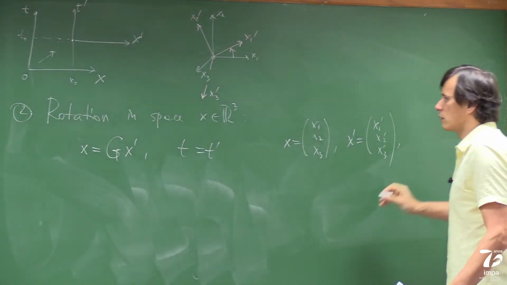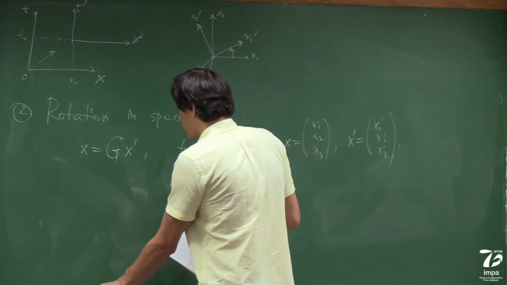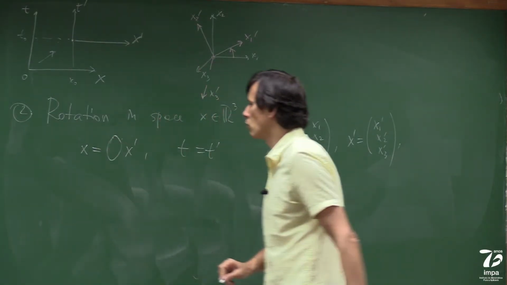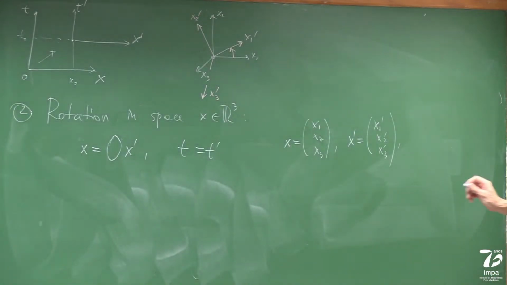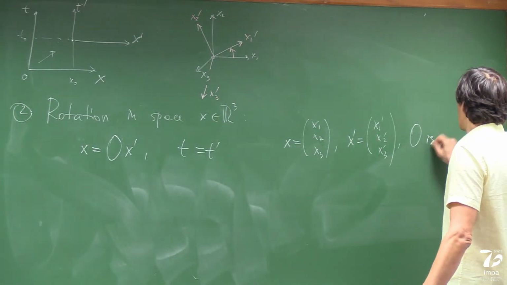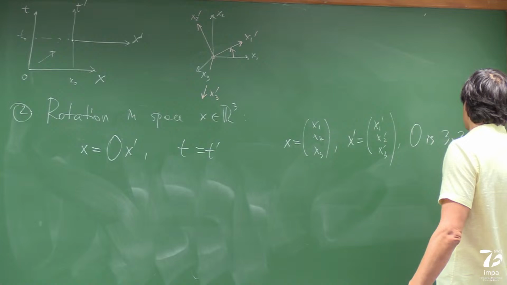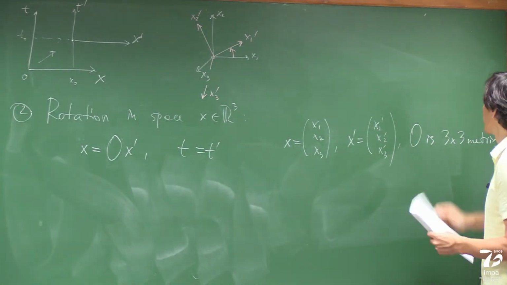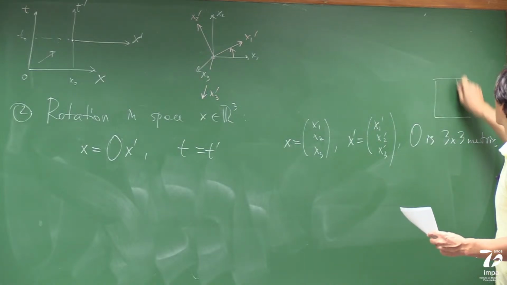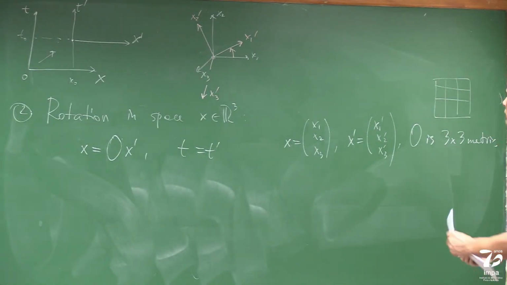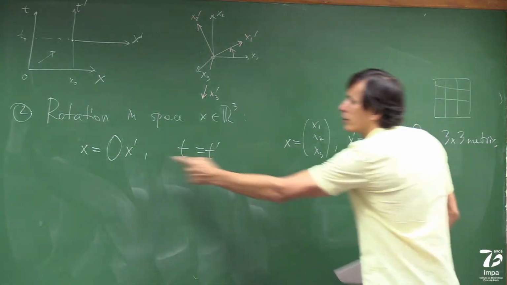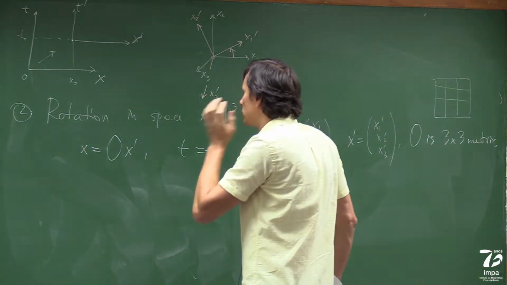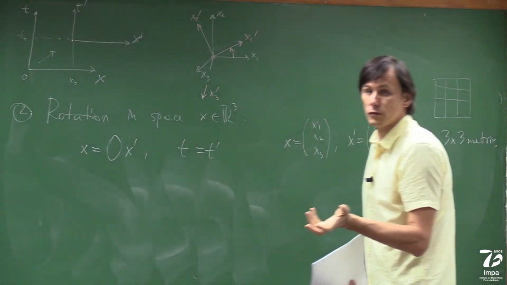And then, let's not use G, I will need G. Let's put O. It's O, not 0. And O is a 3 by 3 matrix. If you take a 3 by 3 matrix O and multiply by one vector, you get another. So this is a general linear transformation, but a general linear transformation is not always a rotation.